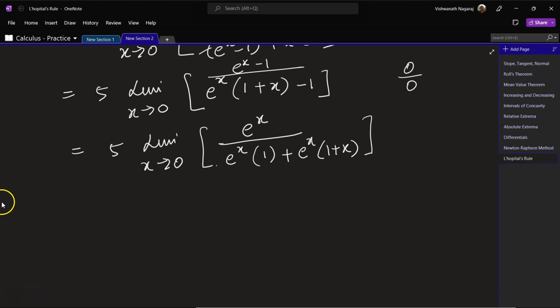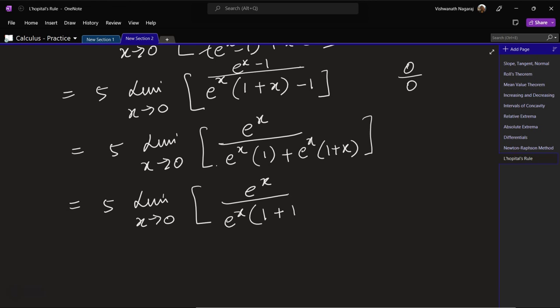Now let's simplify this. 5. Limit as x approaches 0 of, now e to the power of x is common again. So e to the power of x by e to the power of x times 1 plus 1 plus x, right?